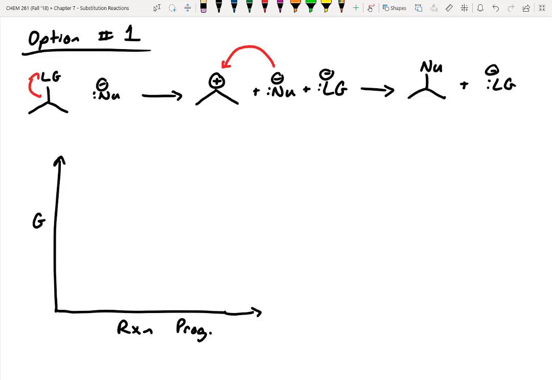Will our carbocation be higher or lower in energy than our starting materials? Higher. Okay, so I'm going to put starting materials down here. And we're going to have a hump that goes like this. And that's going to be our carbocation intermediate. So I'm just going to label this as intermediate right here. I'm going to label this as starting material.